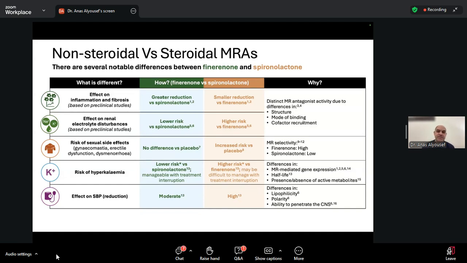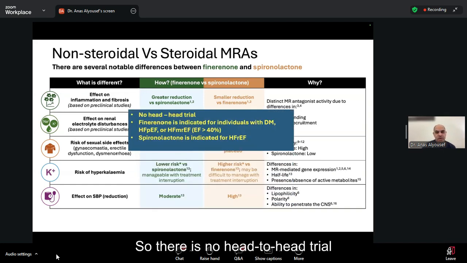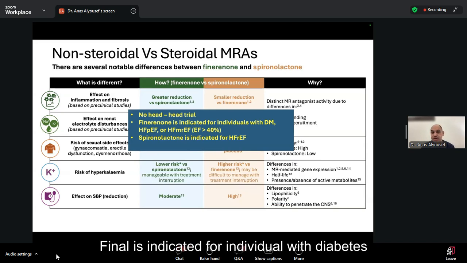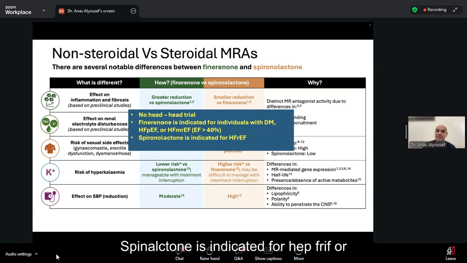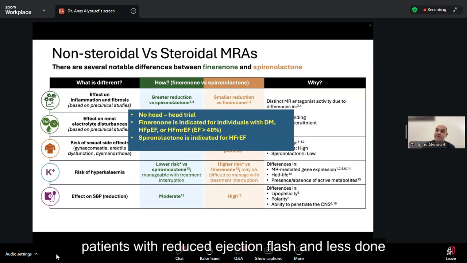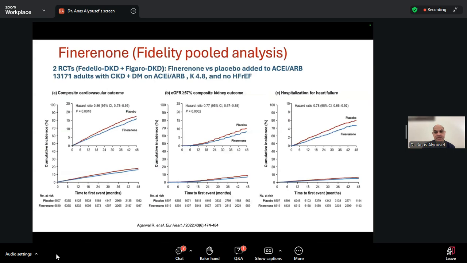In terms of gynecomastia, it is definitely less in the finerenone group. There is no head-to-head trial. Finerenone is indicated for individuals with diabetes and heart failure with preserved or moderately reduced ejection fraction. Spironolactone is indicated for HFrEF, or patients with reduced ejection fraction less than 40%.